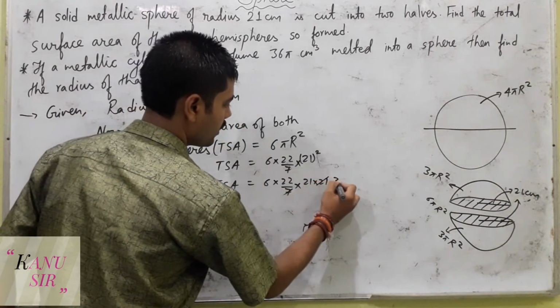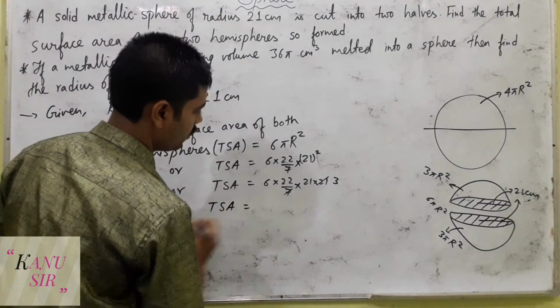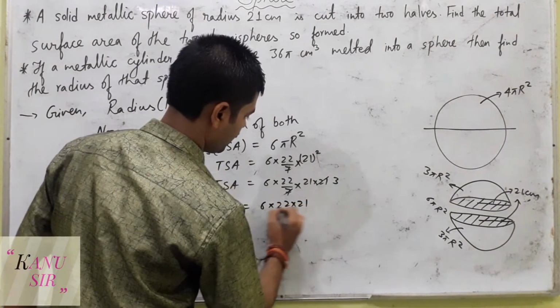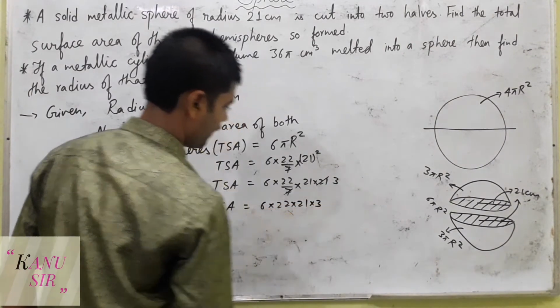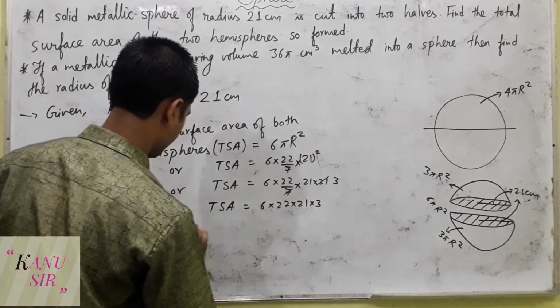7 times 3 is 21, or TSA is equal to 6 into 22 into 21 into 3 as a whole. Now you just simply multiply all at once.